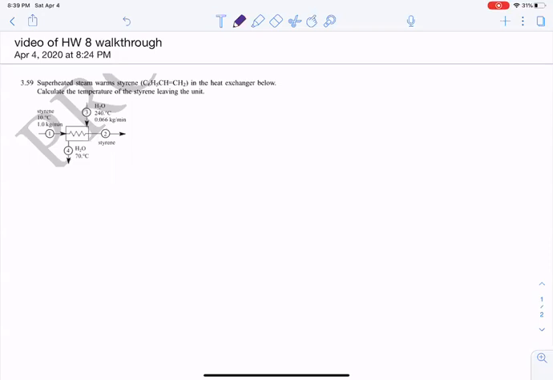Okay, so there are a few different ways of approaching energy balance problems. And I'm going to try to illustrate a few different ways of coming at this problem. So the way that the book likes to do it is they like to draw every process as a more complicated process flow diagram.